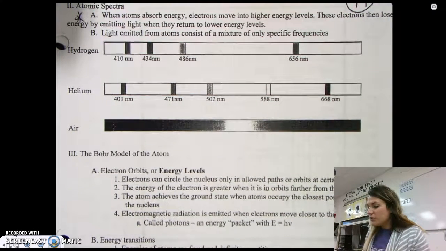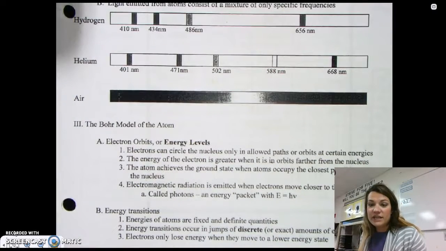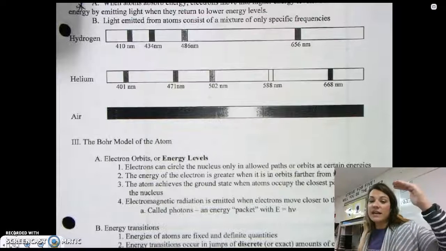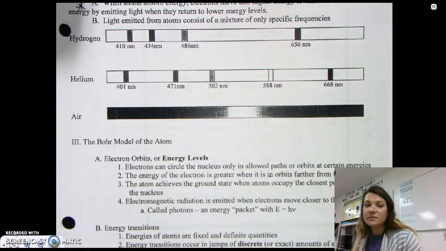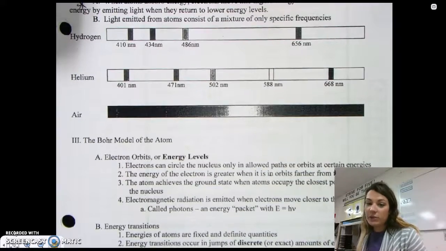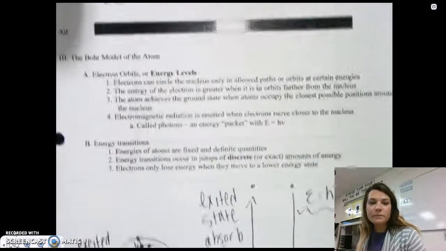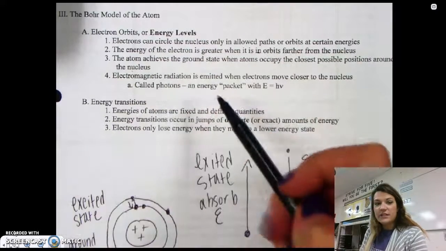So that is probably the most important thing that I want you to understand, is that when electrons are excited, they absorb energy. When they fall back down to the ground state, they're going to release the energy, which then releases some sort of wavelength or frequency on the electromagnetic spectrum that we can then identify. This is also kind of just reinforcing what I just stated.